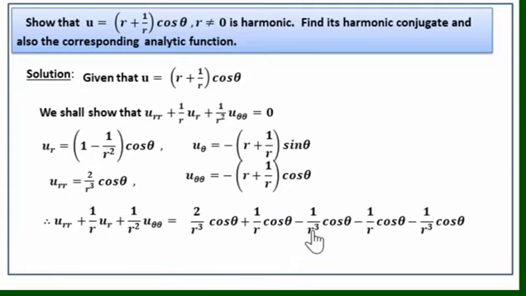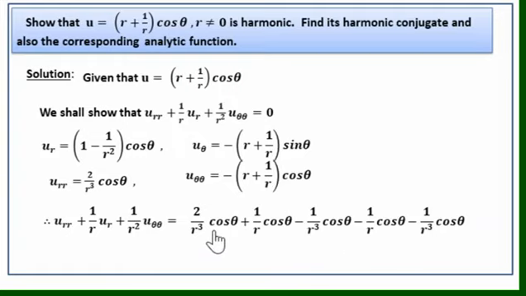Next term, 1 by r square u_theta theta, so multiply u_theta theta by 1 by r square. So it becomes minus r by r square, that is minus 1 by r cos theta, minus 1 by r into 1 by r square, that is minus 1 by r cube cos theta.